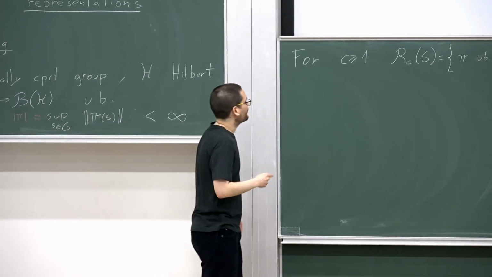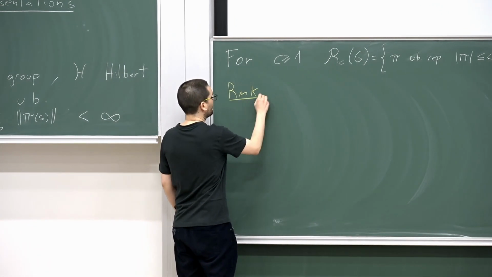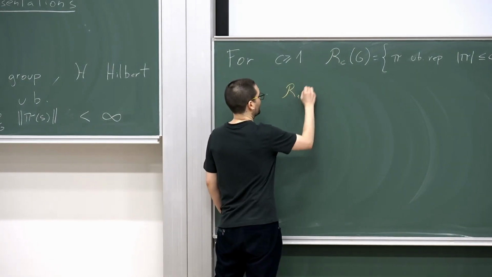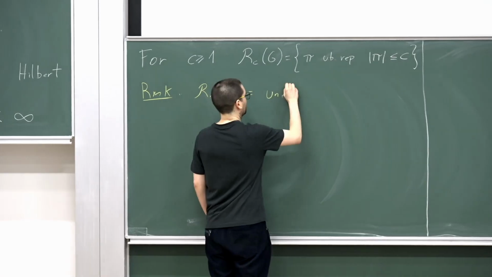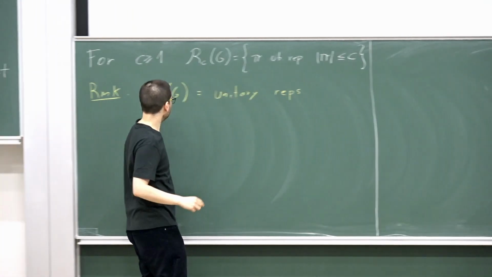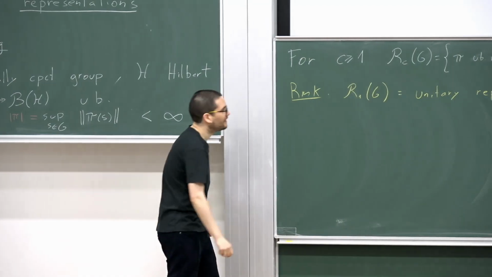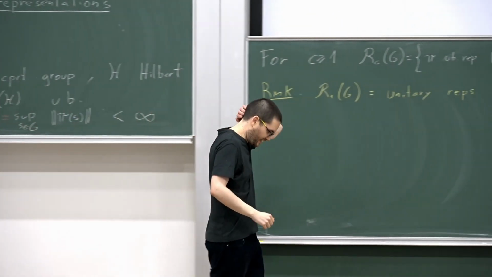And of course, as I already said, the remark is that R_1(G) is exactly the class of unitary representations.